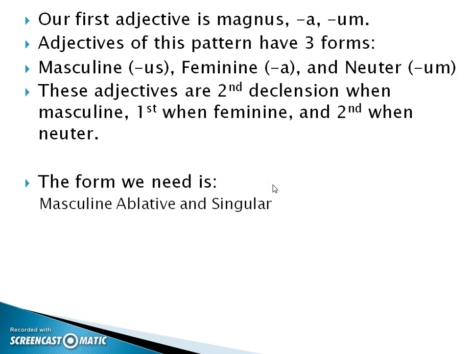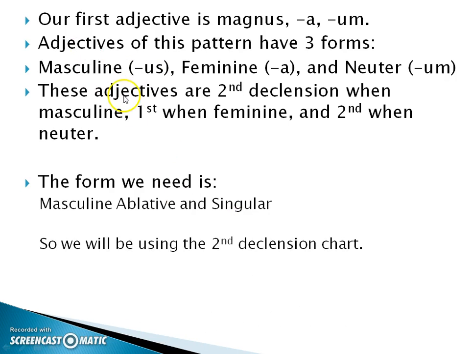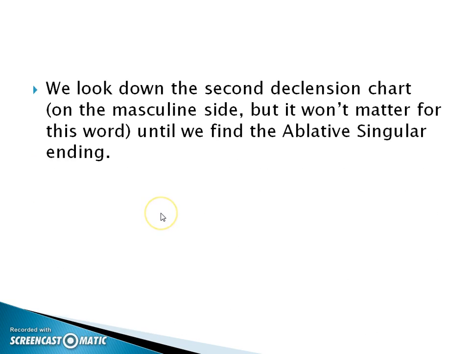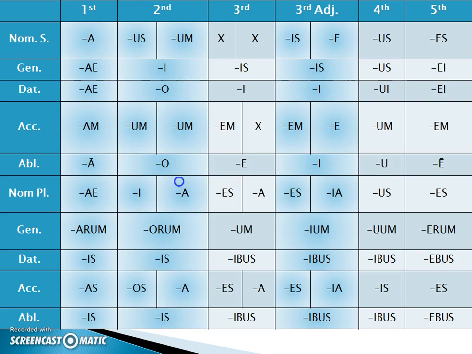So, we already said that the form we need is masculine, ablative, and singular. Because it's masculine, we're going to be looking on a second declension chart. So we look down the second declension chart on the masculine side, not the neuter side, though for this word it won't matter, until we find the ablative singular ending.